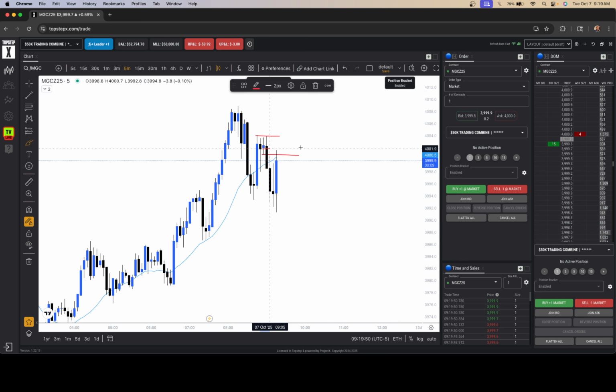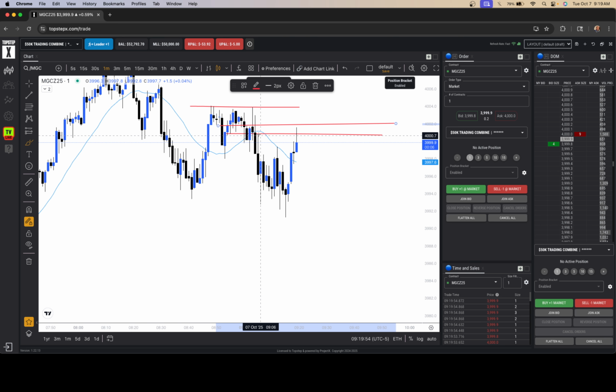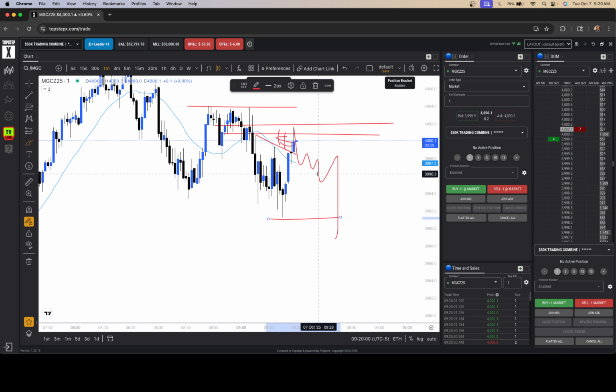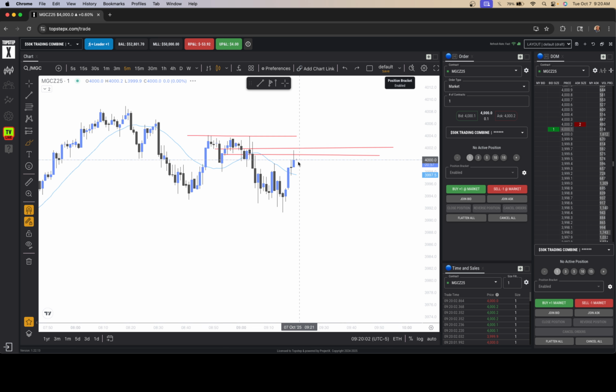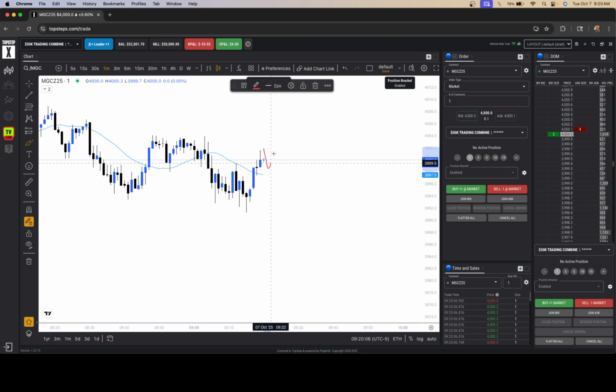And right now you can see we're rejecting out of it, sweeping lower time frame liquidity. And then we may travel back down and take this low out or bounce off of that and then travel back and take out the equal highs.